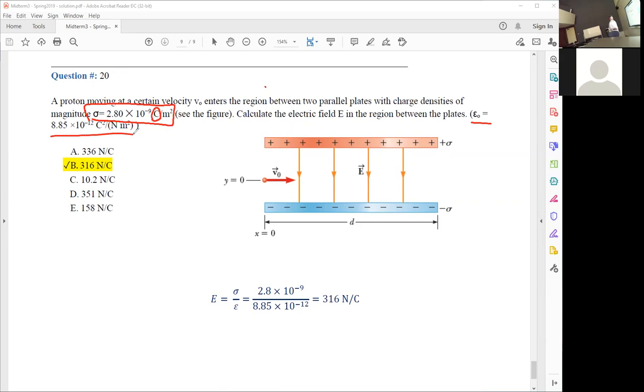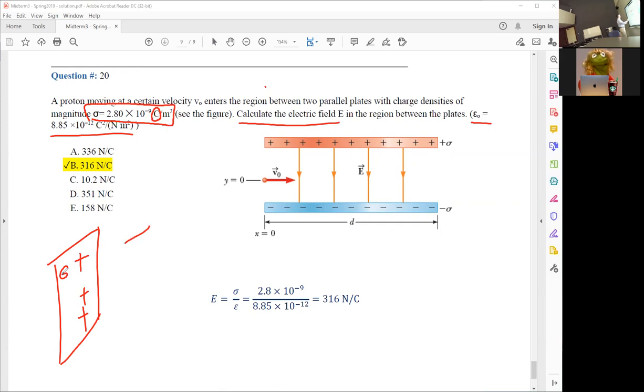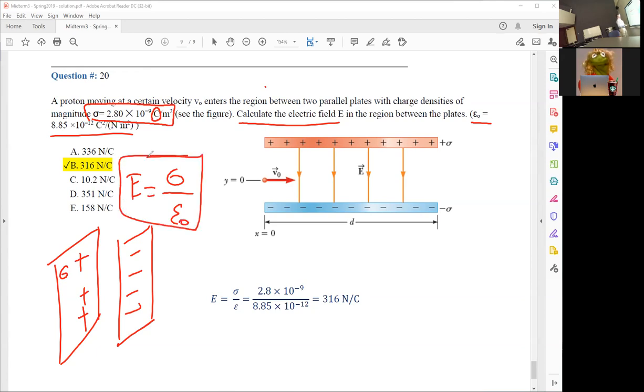Now, all I'm asked here is to calculate the electric field between two charged parallel plates. For two charged parallel plates, remember we saw this in the lecture: one is charged positively, the other negatively. The electric field E is just the charge density divided by epsilon naught. That's all we need to use. We happen to have the charge density already in coulomb per meter squared.